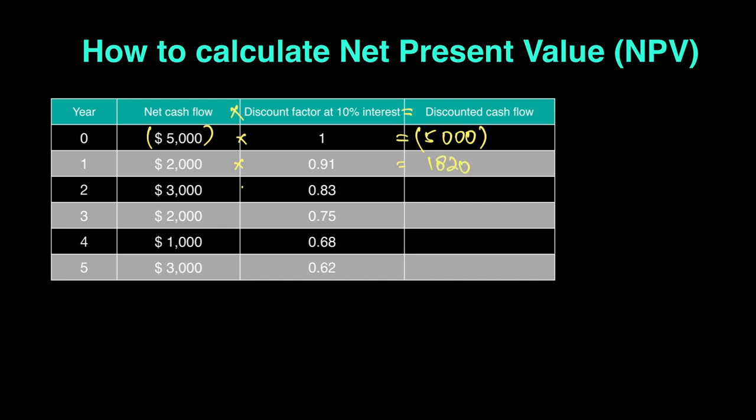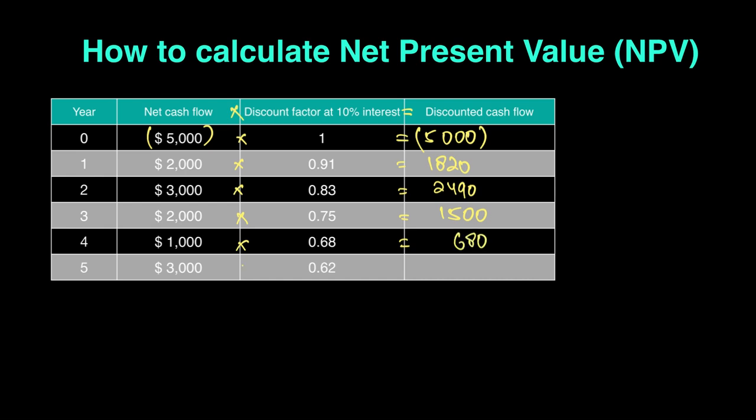So 2,000 multiplied by 0.91 gives me 1,820. 3,000 multiplied by 0.83 is 2,490. Then 2,000 multiplied by 0.75 is 1,500. 1,000 multiplied by 0.68 is 680.